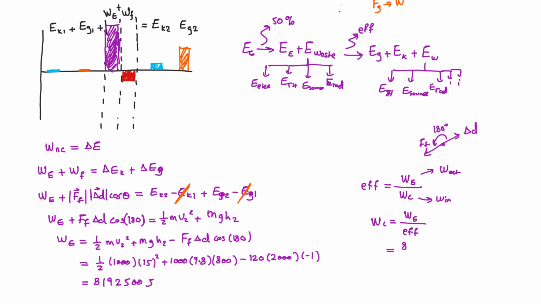And we know that this is 8,192,500, and we know that the efficiency is 50%. So I can just put those into my calculator, and I will end up getting 1,638,500 joules. And because I need my final answer in three significant figures, that's 16.4 megajoules. Mega for 10 to the 6.